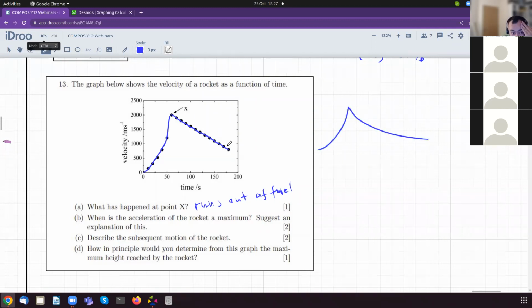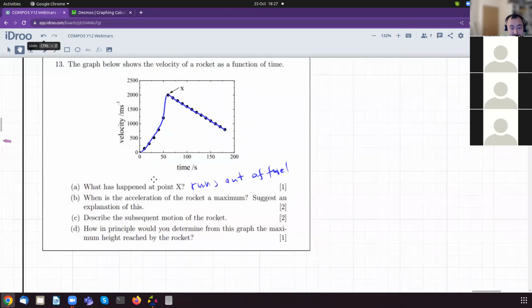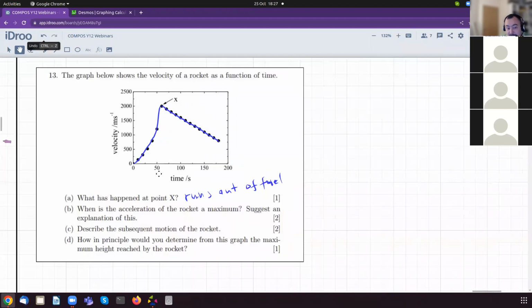But because it's a straight line, this tells us that the deceleration is constant. And a constant deceleration means a constant force, and air resistance is not a constant force. Air resistance depends on the speed. So it's more likely gravity, but we don't know the specifics, so it's a guess that it's gravity.